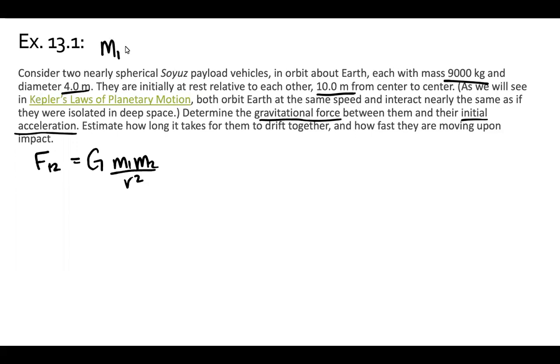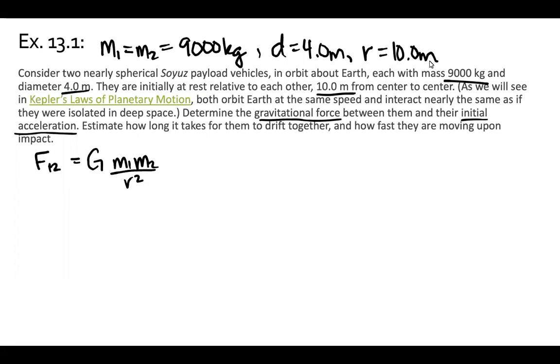So M1 is equal to M2, which equals 9,000 kilograms. We also said the diameter of each is 4 meters. Then we said the distance from center of mass to center of mass is 10 meters. So I'm going to call that R equal to 10 meters.